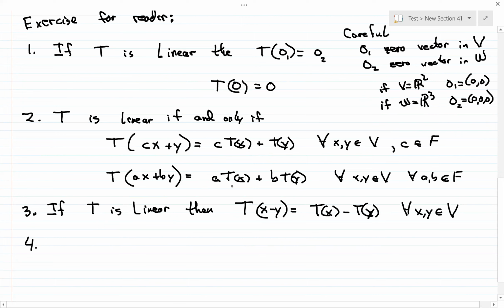If T is linear, then T of a finite sum of scalars a_i, vectors x_i, where i goes from 1 to n.